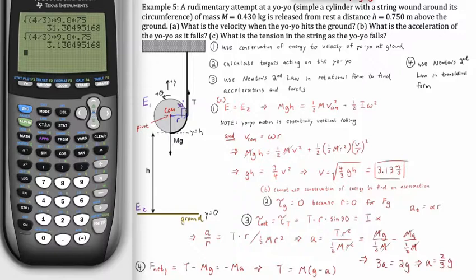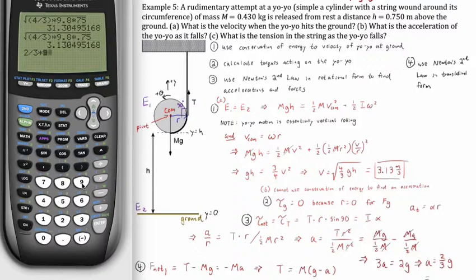Excellent. So a is 2/3 of g, which is an incredibly clean result, just really remarkable. Let's squeeze in the value here. So 2 divided by 3 times 9.8. Can't do it in my head.